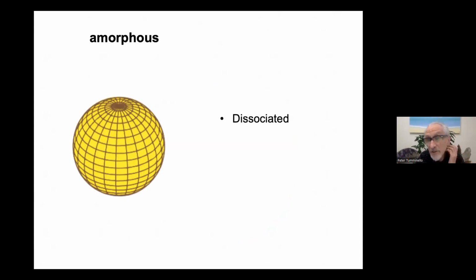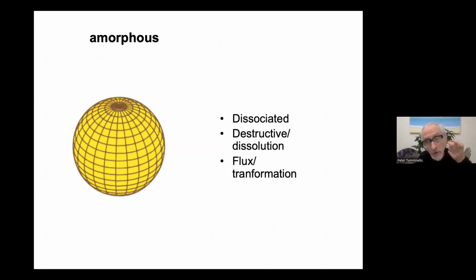This is for people who are disassociated, where there's destruction or dissolution, where there's flux or transformation, where there's extraordinary creativity, because they're not locked into anything. The motif is I change.